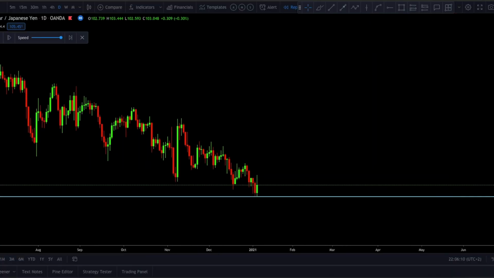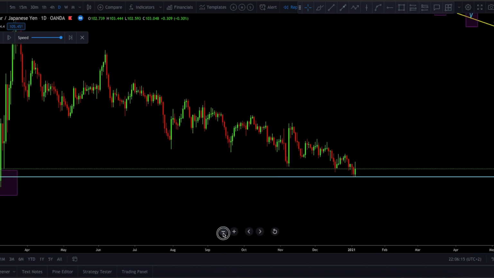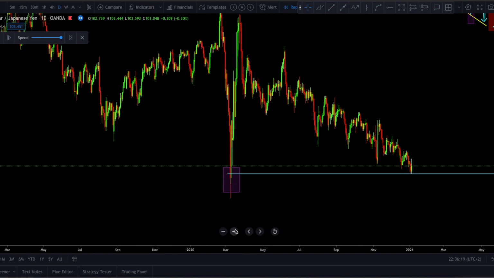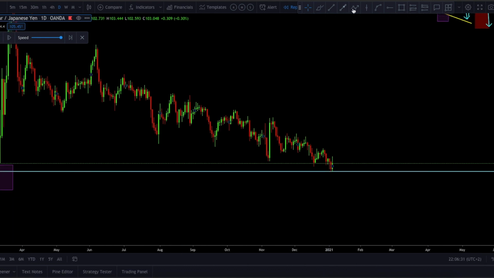This is the daily time frame. If you're looking at the daily time frame, let me zoom out. You can see the lower low. The lowest point here is here. So which means when the market comes close to this trend line, it's going to bounce from here and go up.